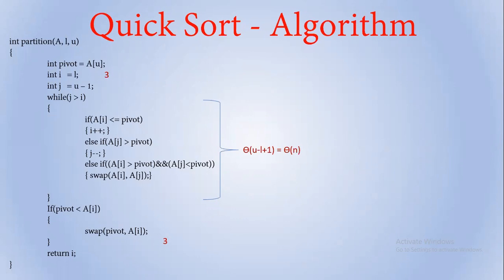The order of n plus 6 is n, because the 6 is a constant term, so it has less effect when n approaches infinity. When n approaches infinity, the value 6 has less significance. So in asymptotic analysis, which we discussed a few weeks back, n plus 6 has the order of theta n. So as a whole, this partitioning function has theta n complexity.